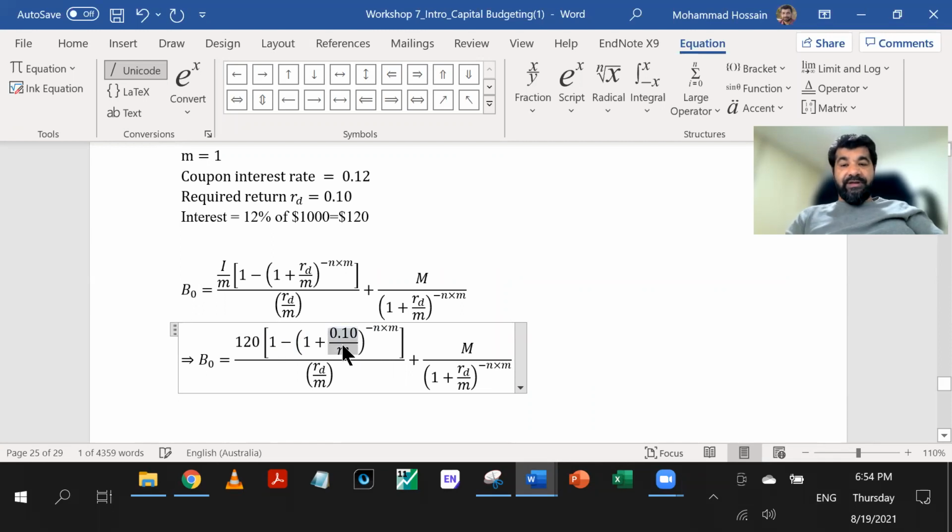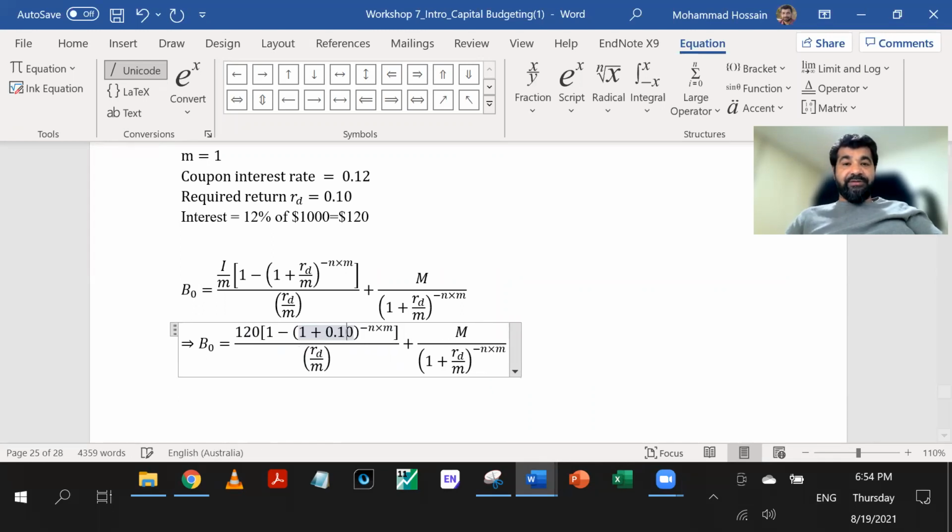So we just write down here 0.10 to the power minus NM, M equal to 1, so N will be just 16. RD by M will be just 0.10.